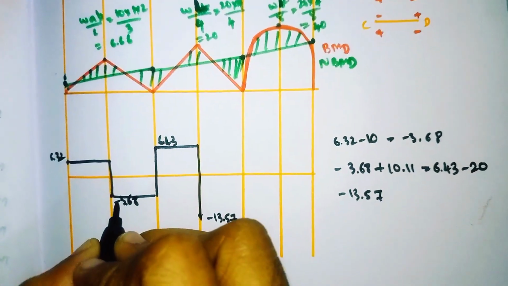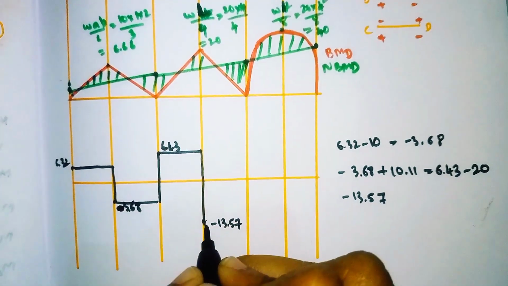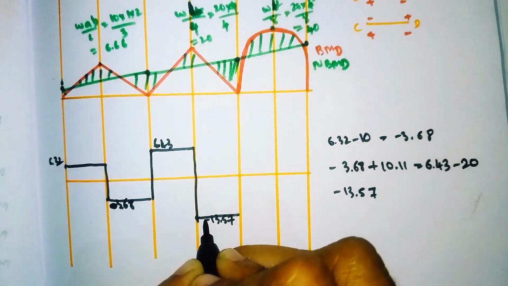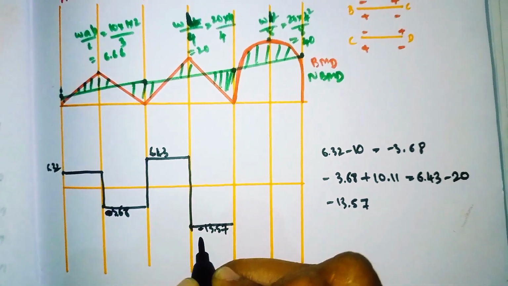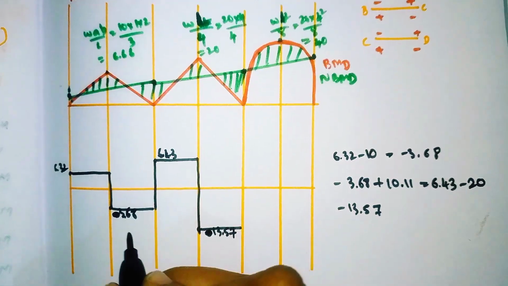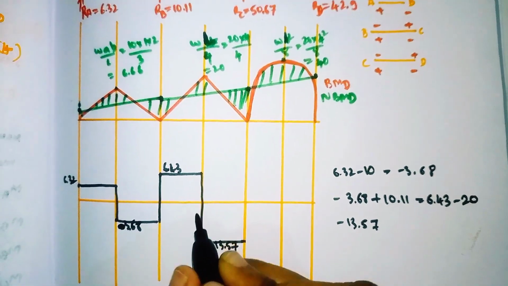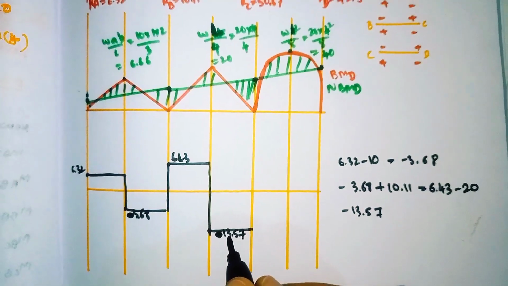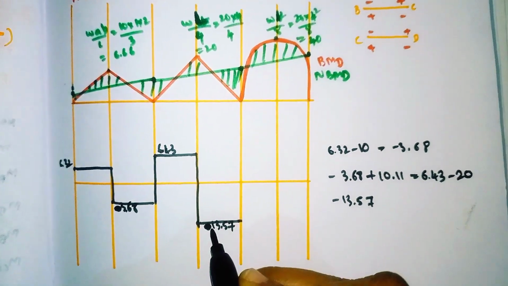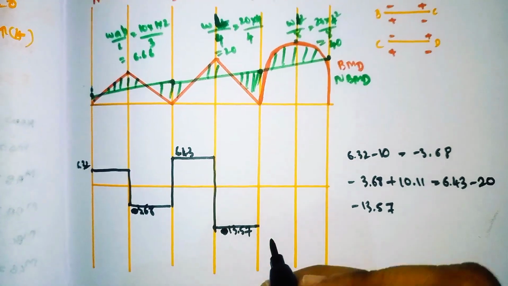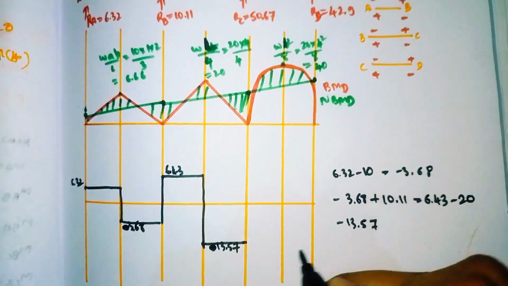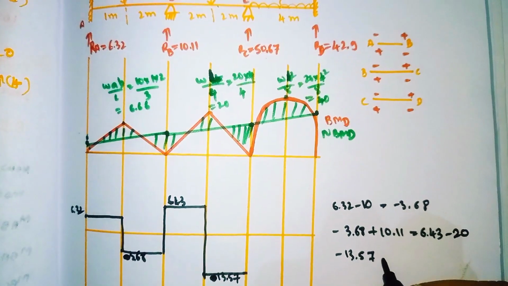So we don't need this symbol, right? It already shows it is below the axis. We don't need to write the negative sign here, because this is below the neutral axis, which already indicates it is negative. So minus 13.57. Again here reaction RB is there.